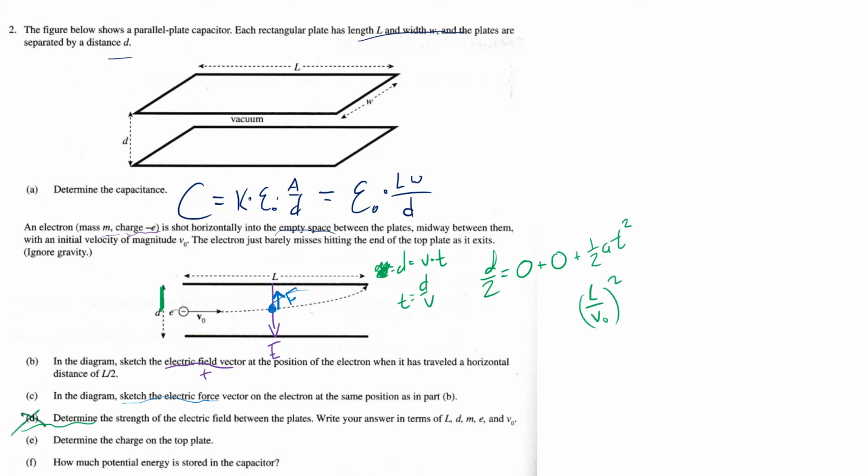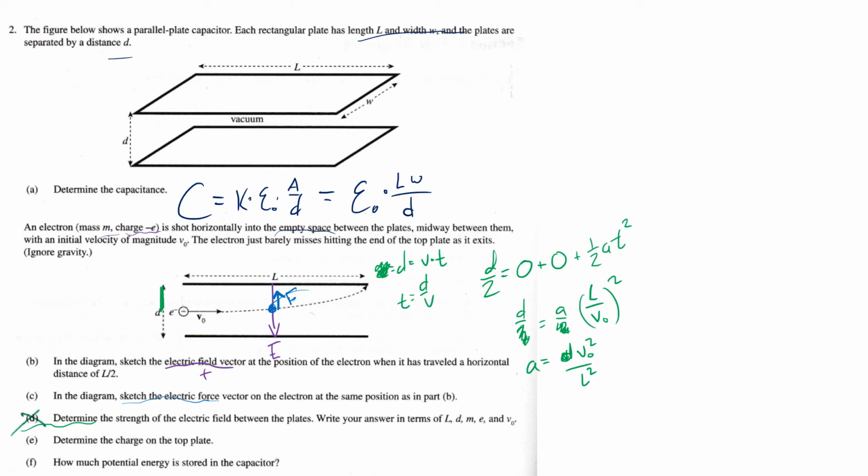So that's going to be what goes in for t, and we're going to have a over 2 equals d over 2. Now we're just solving for a, we can cross those out. So altogether, a is going to equal d v0 squared over L squared. Nice. So that's what acceleration is equal to.